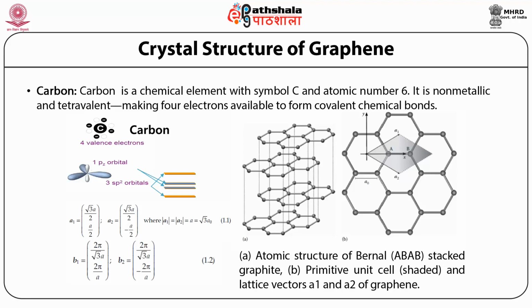The size of a primitive unit cell of graphite depends on how the individual graphene layers stack to form a graphite crystal.